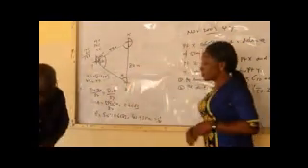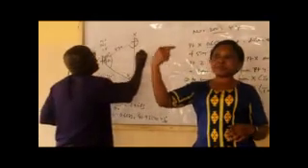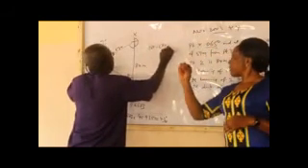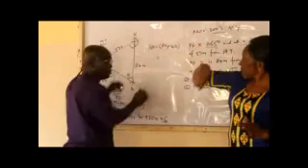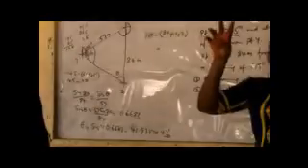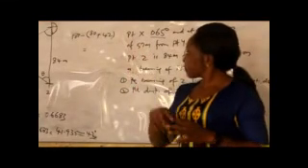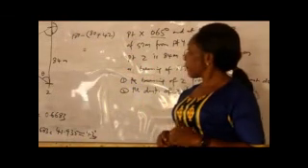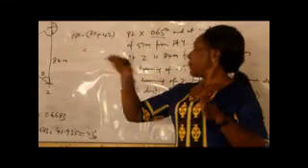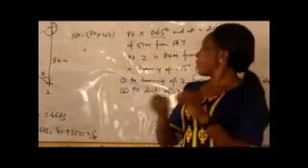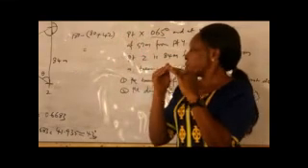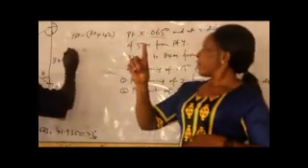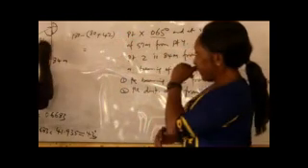So the total angle in a triangle, 180 minus bracket 80 plus 42. 80 plus 42 will give you 122. 180 minus 122 is 58. So this angle is 58.